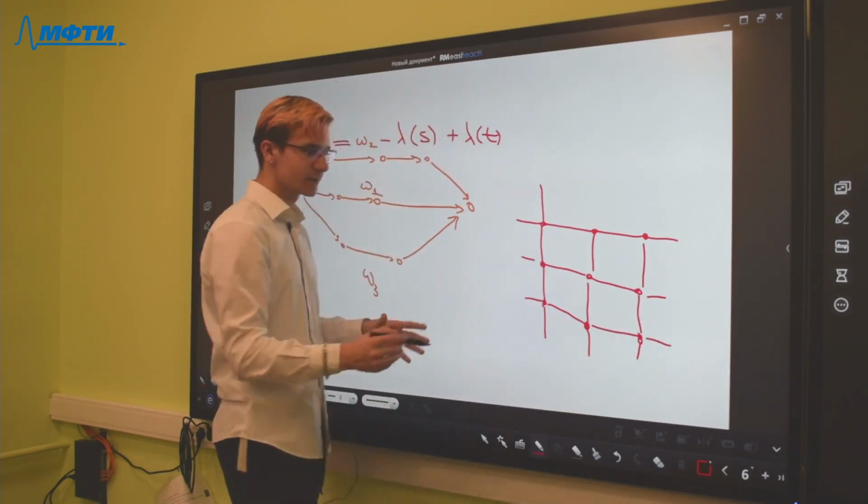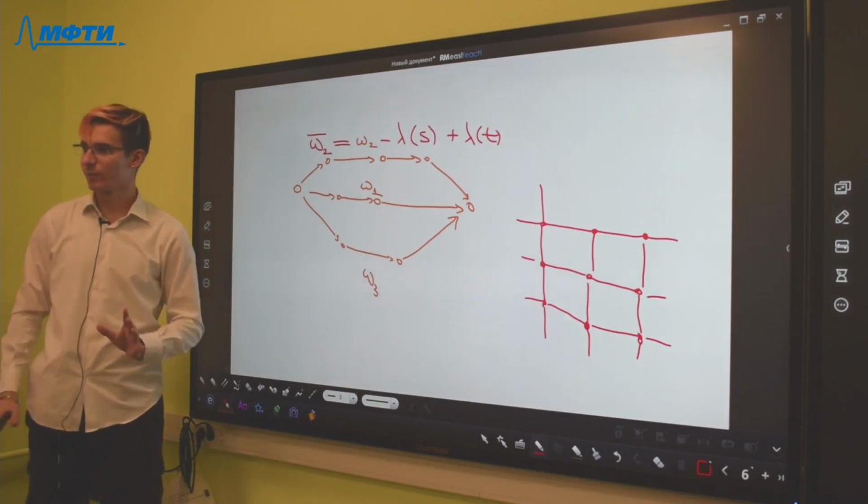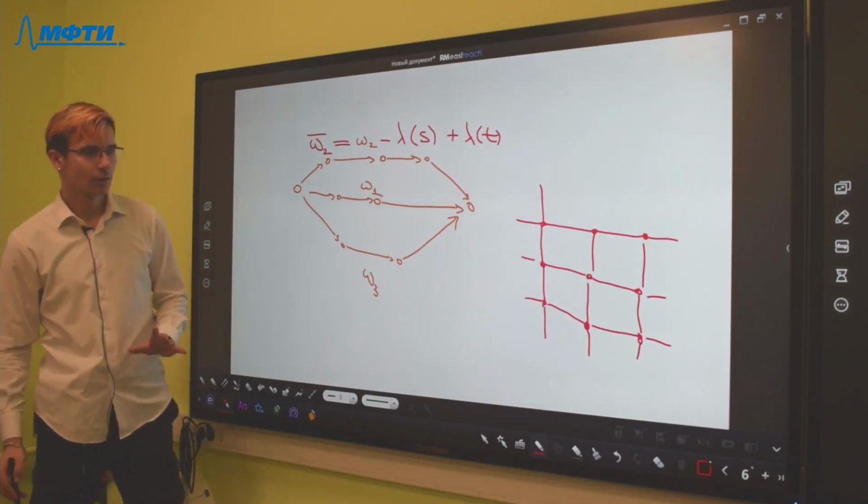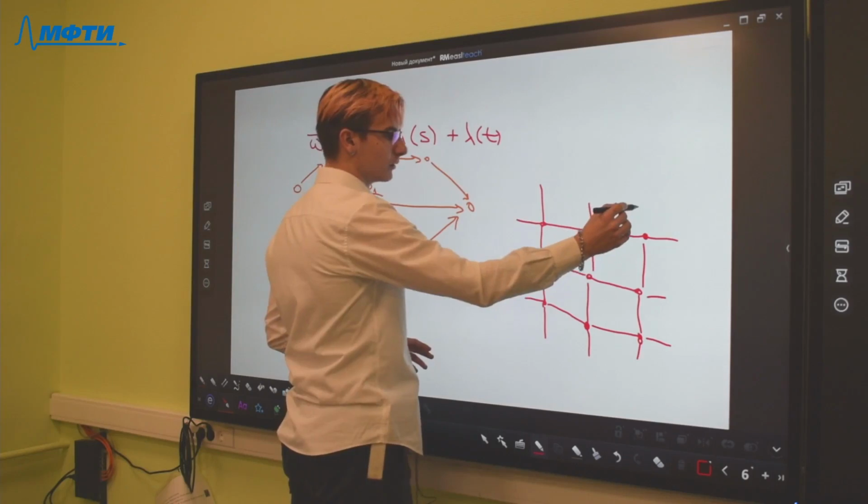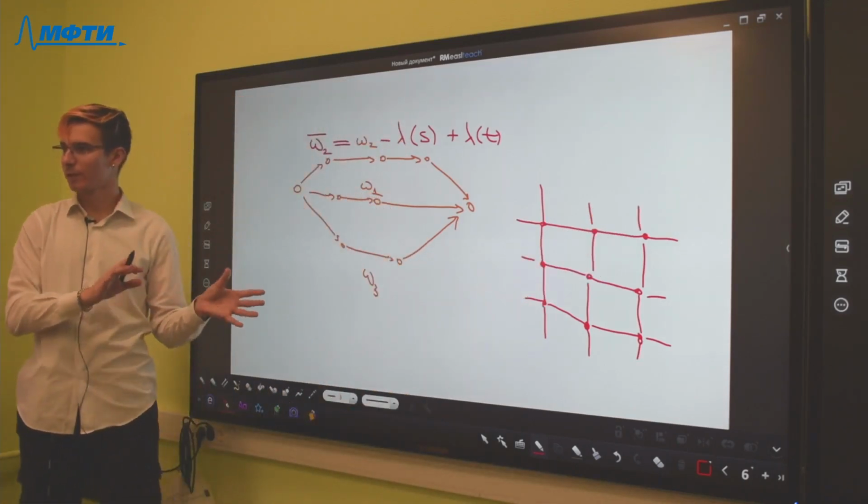And then you can set some empirical ways to set different potential functions in these cases.